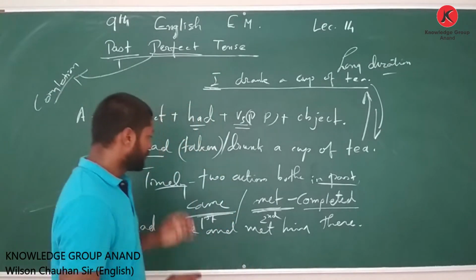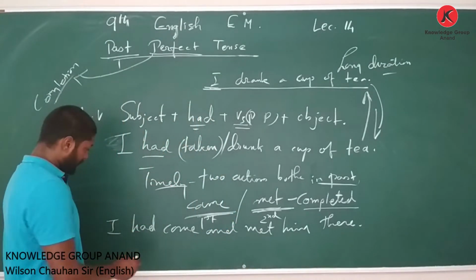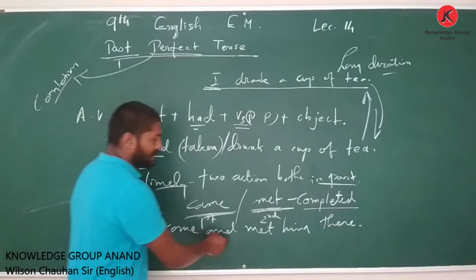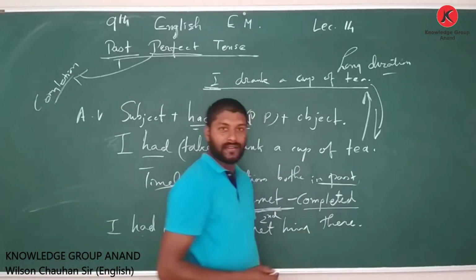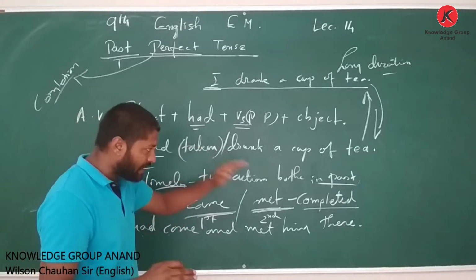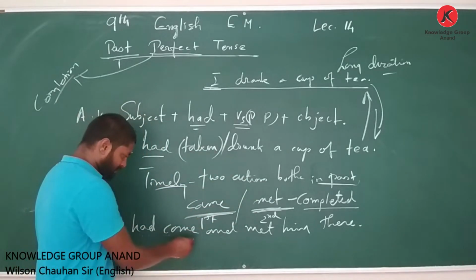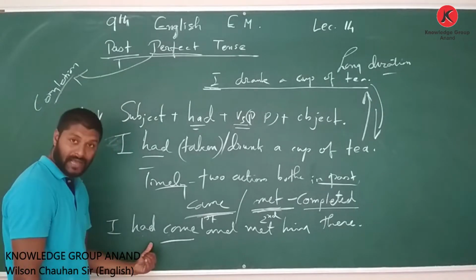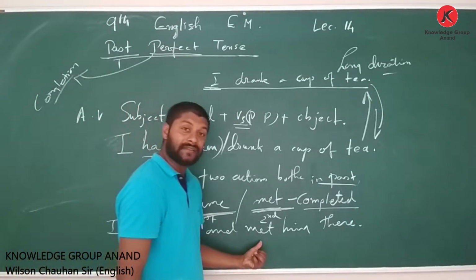Dear friends, I had come and met him there. You see, two actions, both completed in past. So respectively, the first will be taken up by past perfect tense and second by simple past.